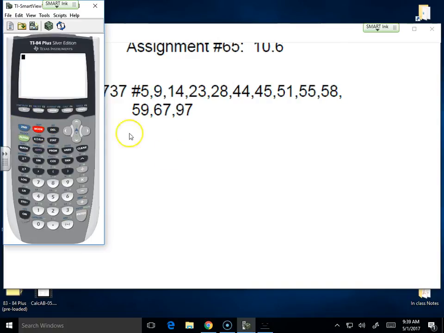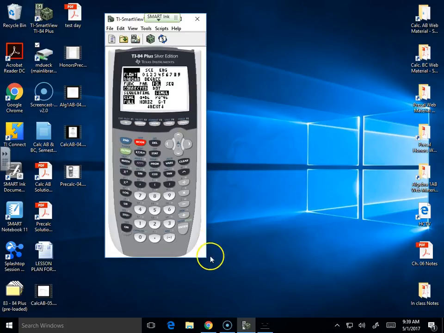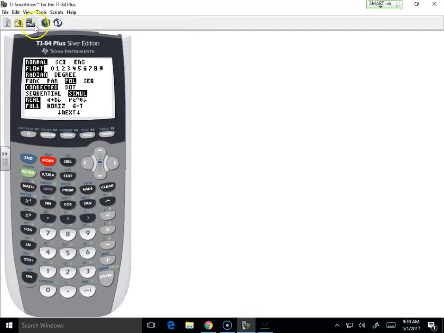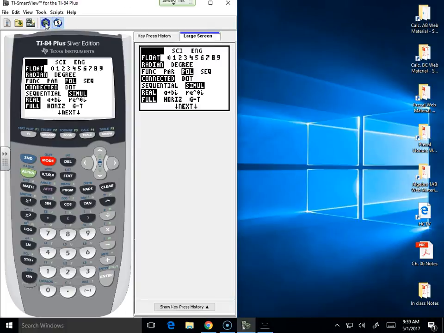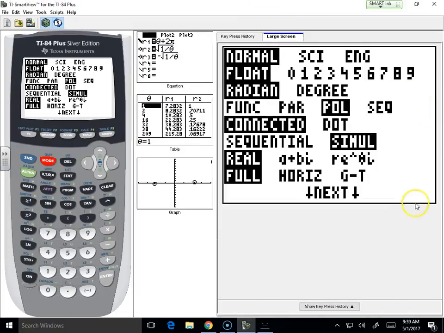I want you guys, first of all, to change your mode to polar mode. I'm going to see if I can make this full screen. All right, so you're in polar mode, the third setting on that line, which has function, parametric and sequence.